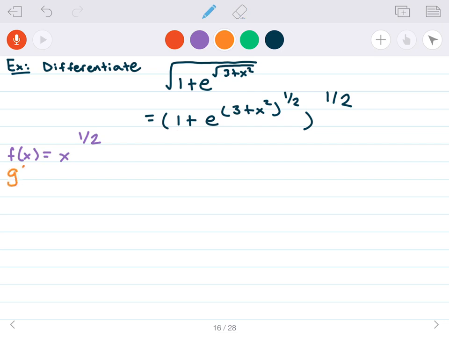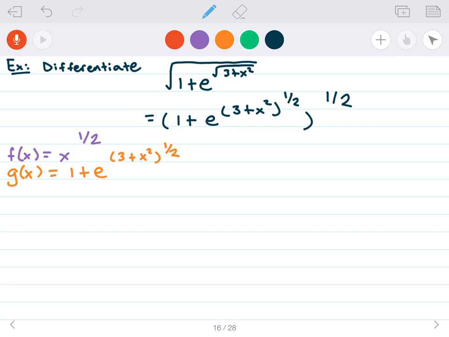So g of x is going to be 1 plus e to the 3 plus x squared to the 1/2. All right. So it looks like we're going to have to use the chain rule more than once for sure.